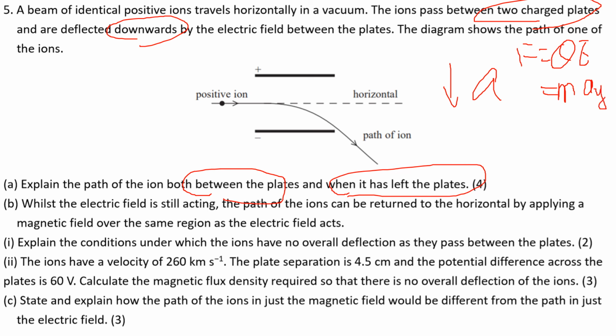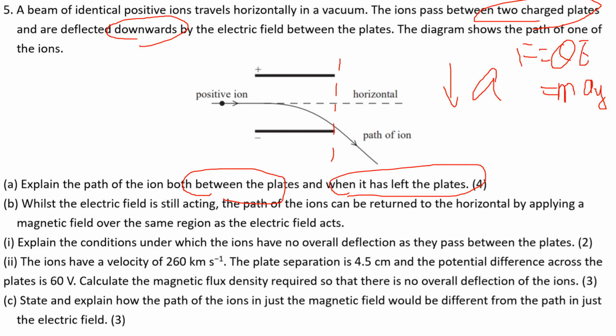In this case, it's the same as projectiles under gravity. When it has left the plates, can you see that the trajectory of the ions becomes a straight line, because there is no more force, right? So no more acceleration. Due to Newton's first law, you will have a straight line motion.